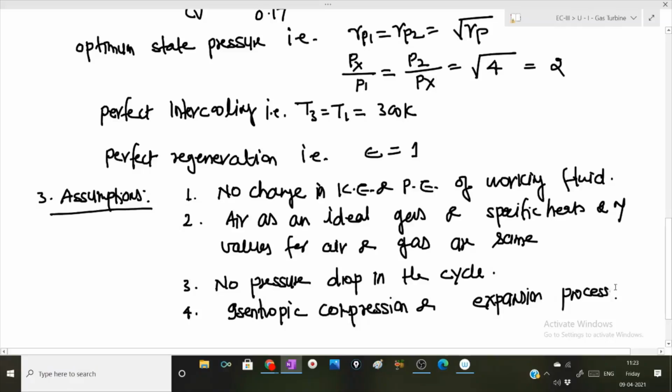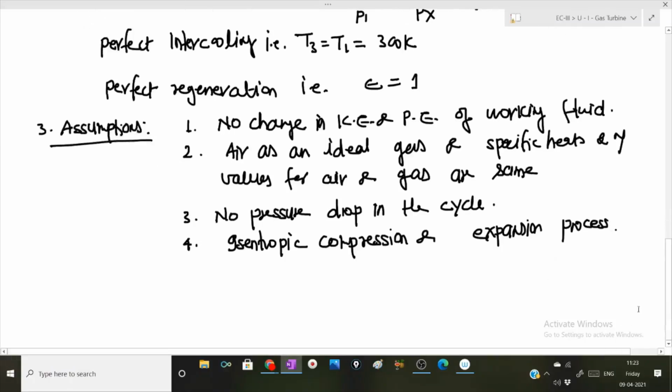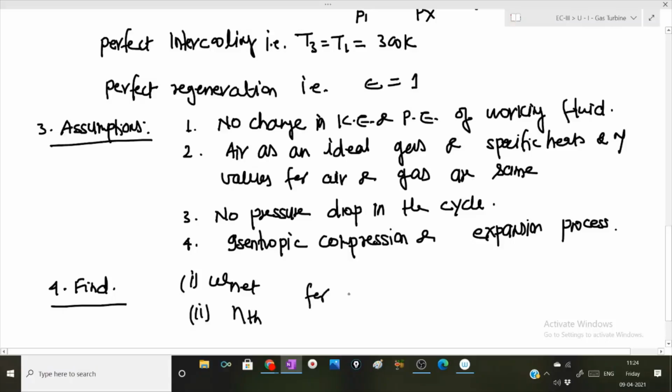So these are the assumptions we can make. Now number 4, find. So what we are supposed to find: net specific work output and thermal efficiency for all cycles as per the list. Got it?